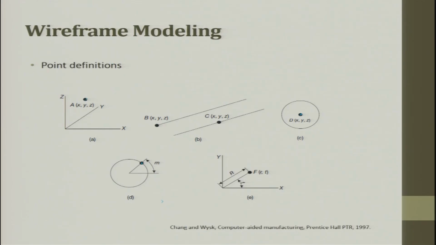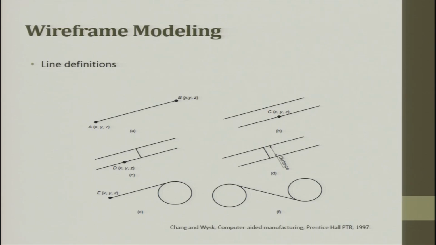So a point, you can define as x, y, z. You can define a line by saying start point and midpoint like this, and this is for a circle, this is for a sector you want to do, and a point drawn at an angle to the x axis. So these are different ways you define a point, and these are different ways you define a line.